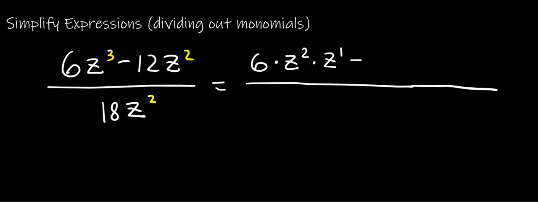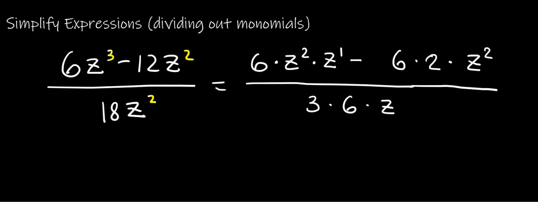Minus 12 is 6 times 2 times z to the second power. And 18 is 3 times 6 times z to the second power. I'm going to factor out this monomial, then divide it out.